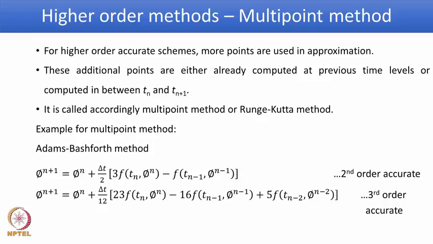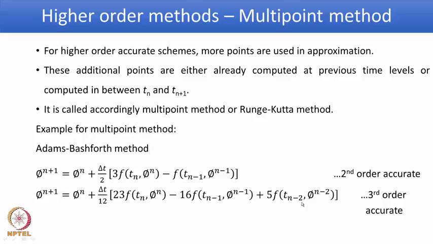It is also possible to increase, even in the Adams-Bashforth method, to the next level, a third order accurate one, by considering one more additional point at a much previous time level. So, the formula is finally shown here: phi at n plus 1 is related to phi at time level n, then phi at time n minus 1, then phi at time n minus 2.